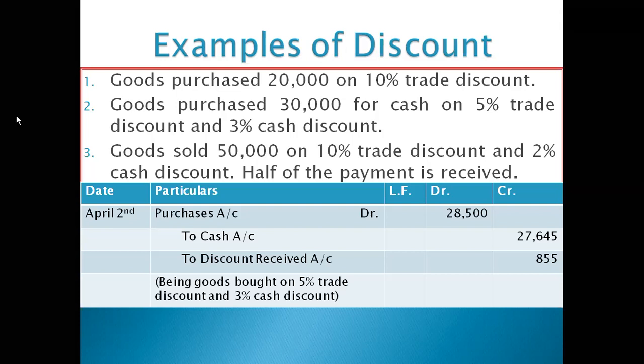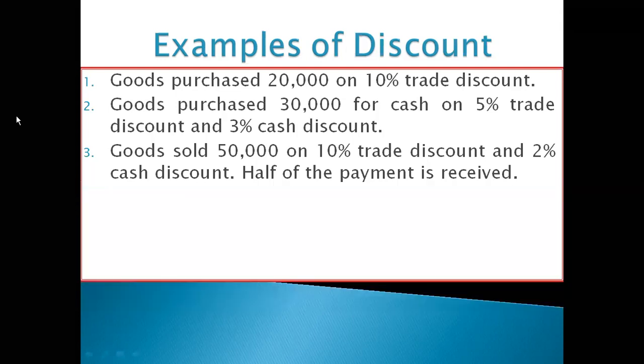So the remaining amount paid is 27,645, and to discount received, which is the discount given by the seller, that is 855. So the narration would be being goods bought on 5% trade discount and 3% cash discount.